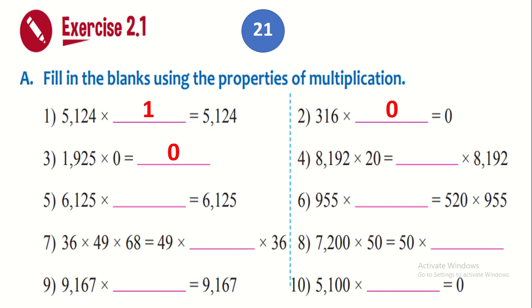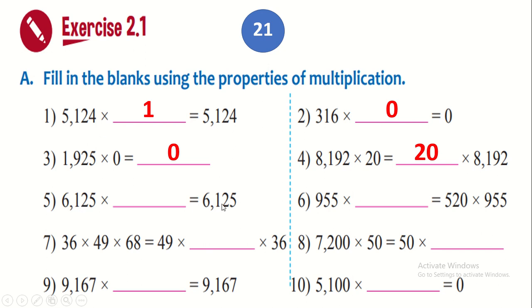Number 4, 8,192 times 20 is equals to 20 times 8,192. Change position, the same answer. Okay. Number 5 is the same with number 1.